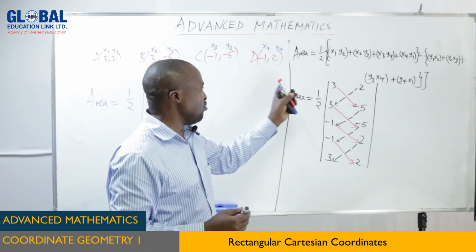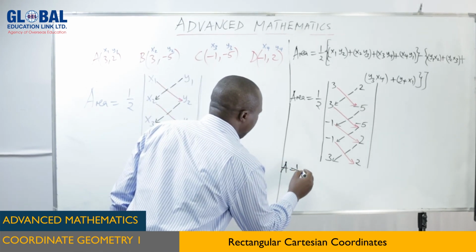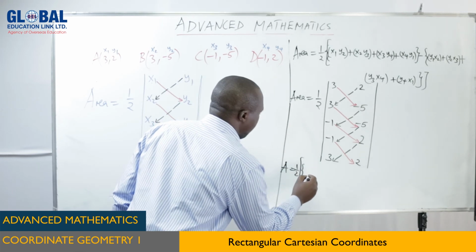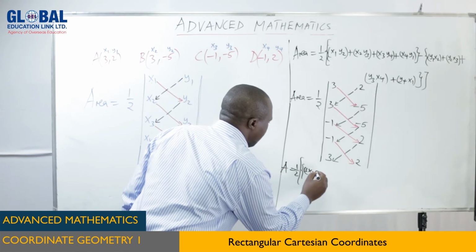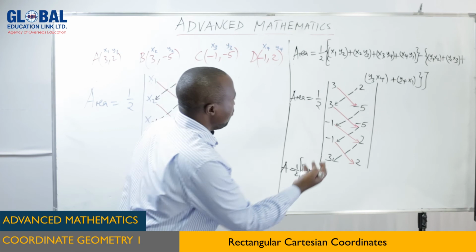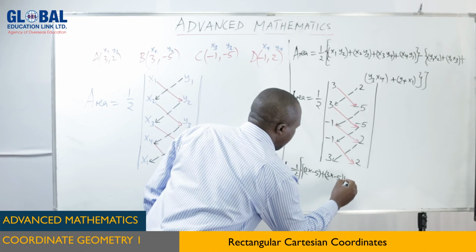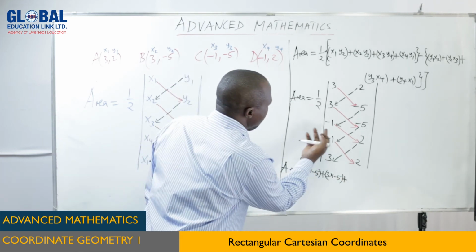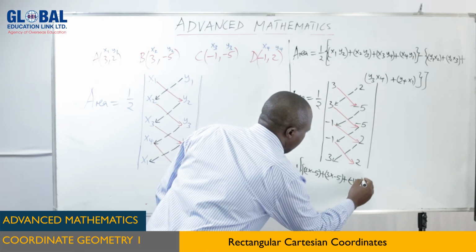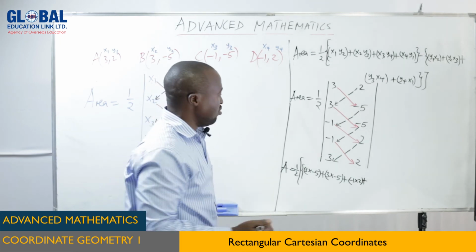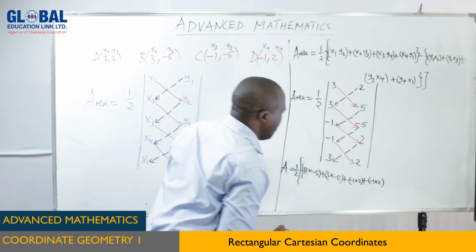So, my dear students, starting with the arrows, area will be equals to a half bracket of, that is 3 times negative 5, plus, we have 3 again, negative 5, plus, this time we have negative 1 and 2, that is -1 times 2.